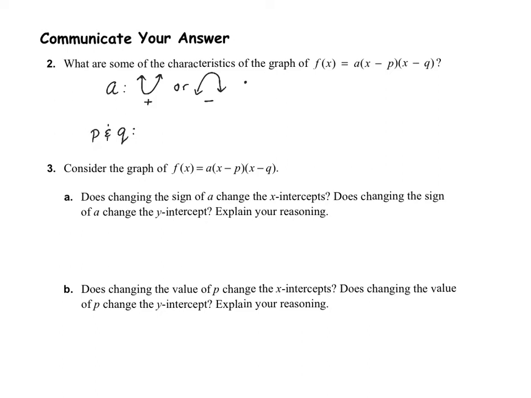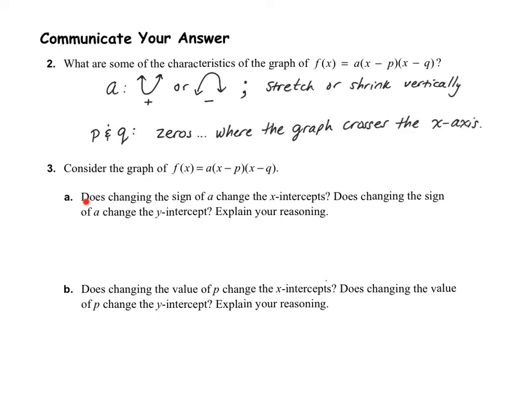It also tells you if there's going to be a stretch or a shrink. We didn't have any of those in our examples, but it does tell you if it is going to be a stretch or a shrink. And then the p and q tell you where the zeros are. And the zeros are where the graph crosses the x-axis.